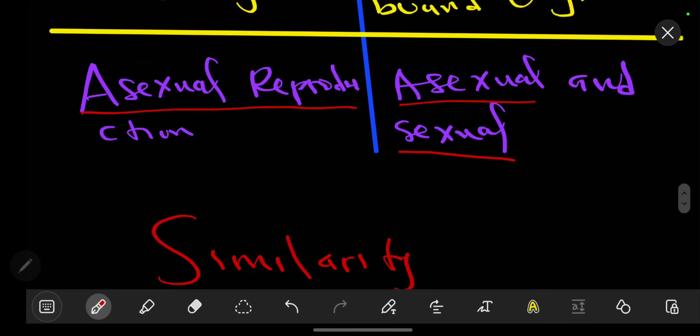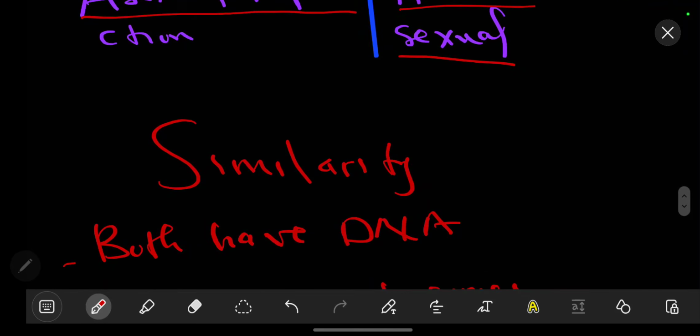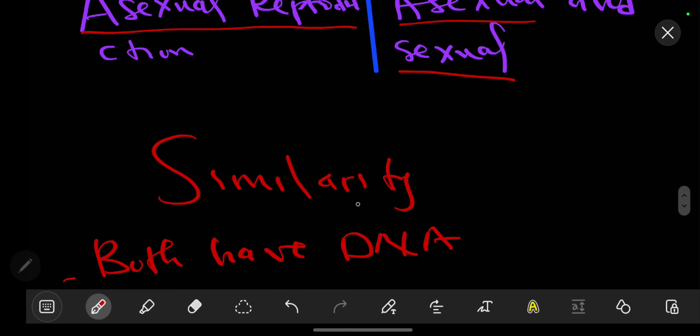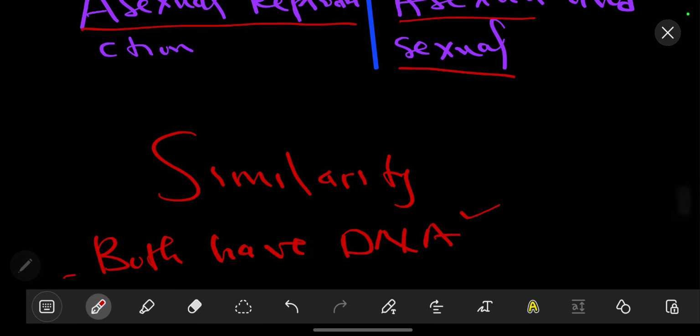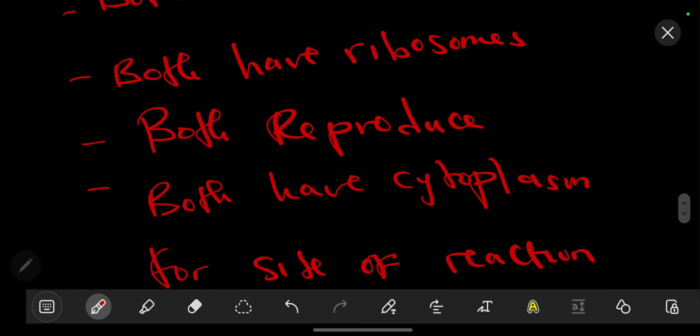However, there are similarities, which we can simplify to say both of them have DNA, they have ribosomes, they also reproduce, and they also respire. They both have the cytoplasm, which is the site of the reactions.